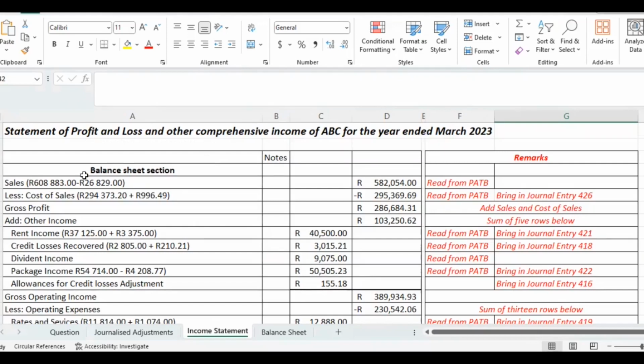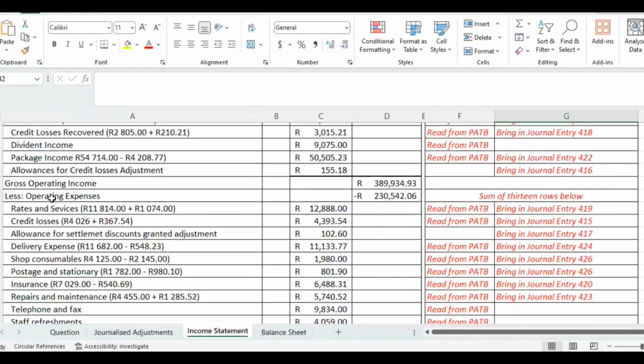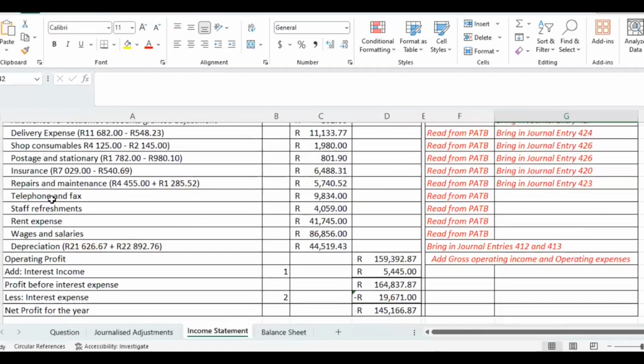The first thing we start with is our sales. Then we subtract our cost of sales, because that gives us our gross profit. Then we add all our other income so that we can get to our gross operating income. Then we subtract all our operating expenses so that we can get to our operating profit.